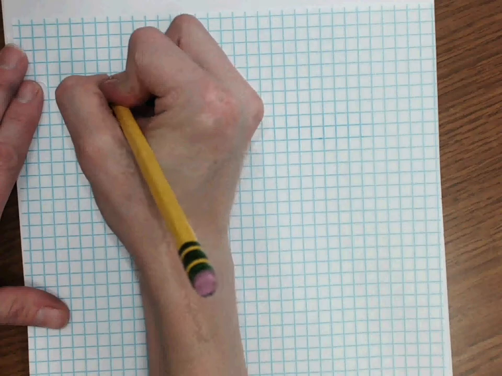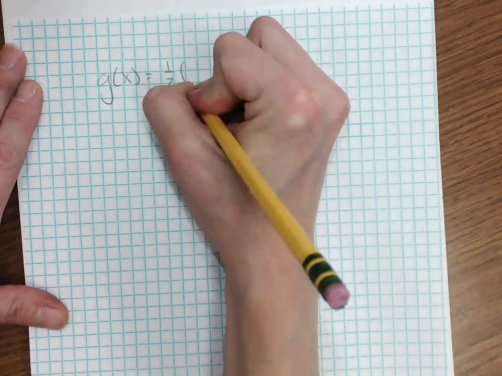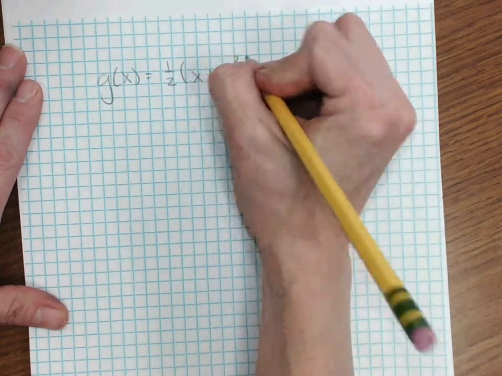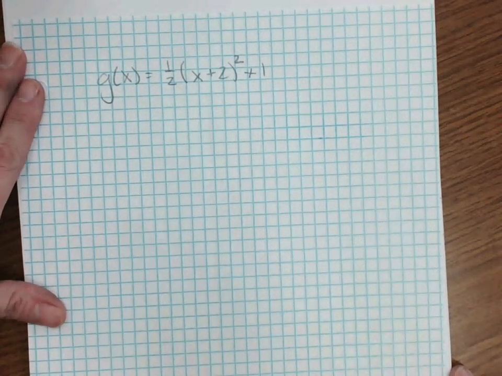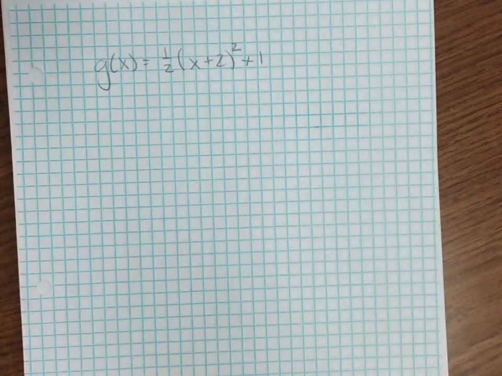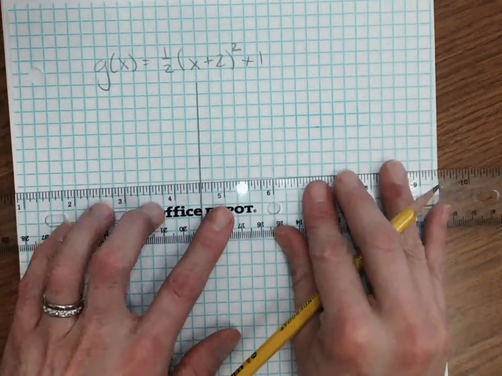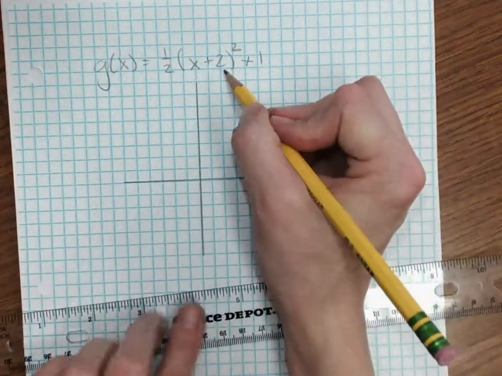Let's look at g of x is 1/2, and let's go with x plus 2 squared. And then let's go with a plus 1 just to see what happens there. Once again, we're going to start by trying to figure out where our vertex is. The parent function is that x squared, so I know I'm going to be starting at the middle and then I'm going to move.